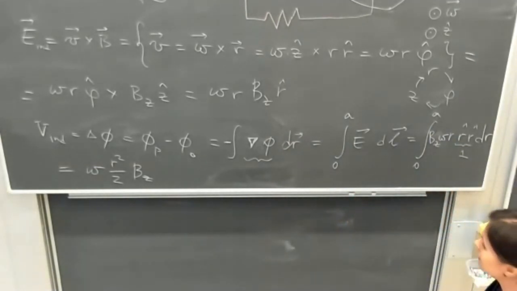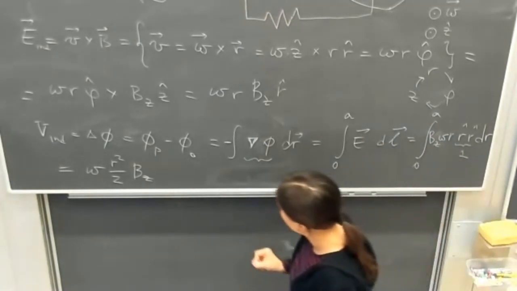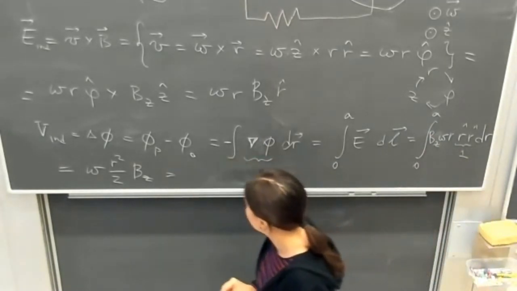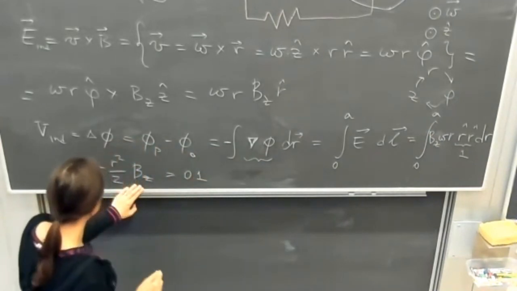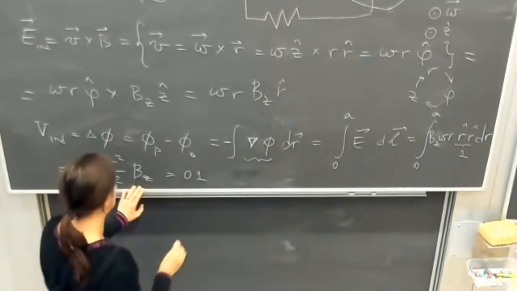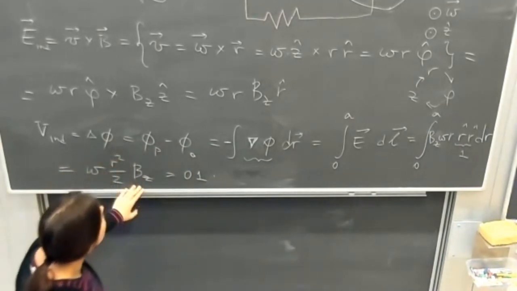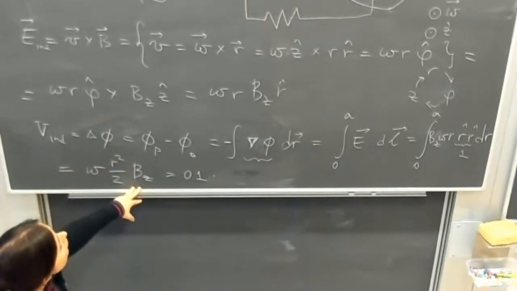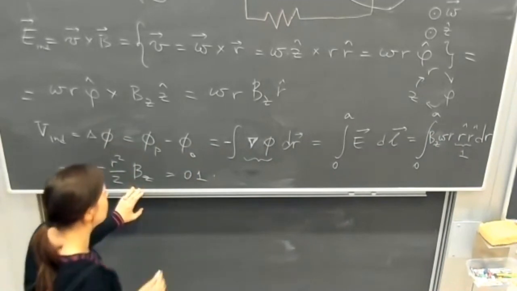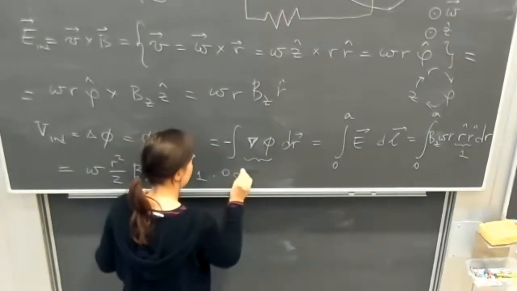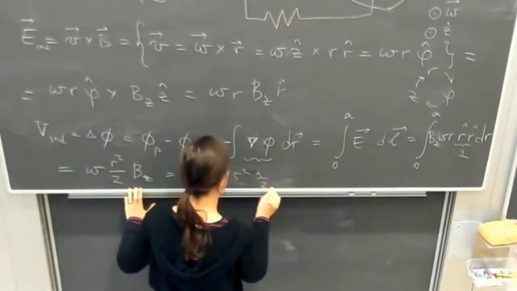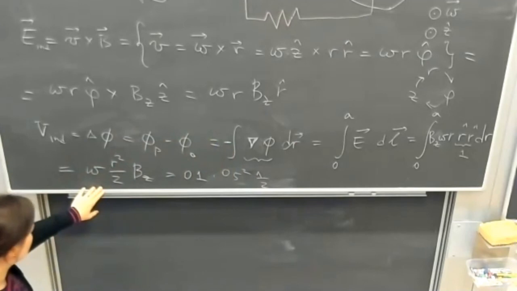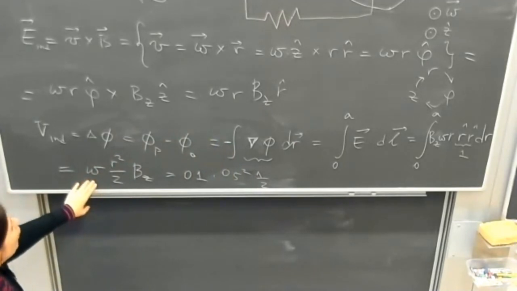And let's find the numerical value. So this is at 0.1 Tesla. Radius squared is half a meter squared, divided by 2. And omega is in revolutions per minute.